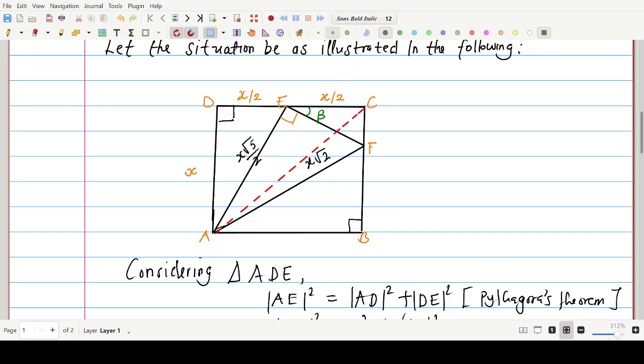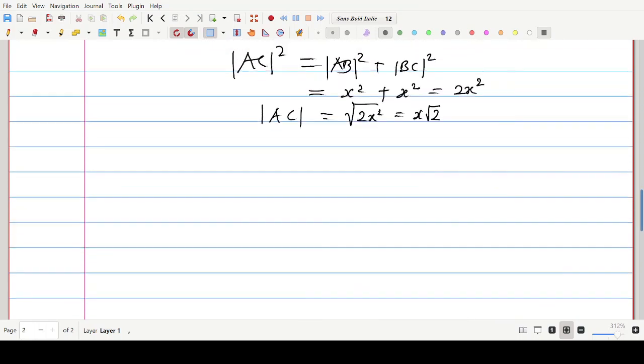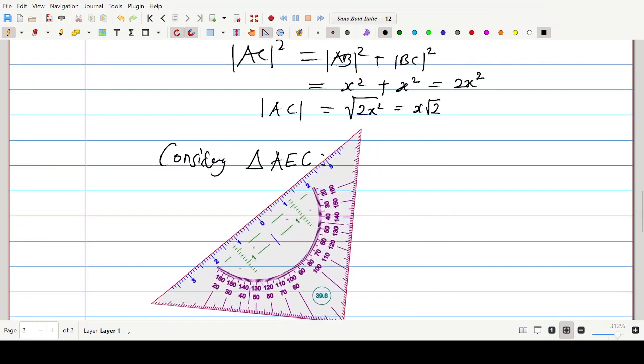Then if we consider a triangle, we have a very interesting shape. I can even bring the figure out. Let's look at it here. Considering triangle AEC, in this case, we have this shape as follows. Let me bring my meter rule. We have something of this nature.